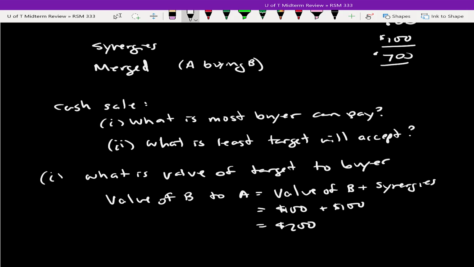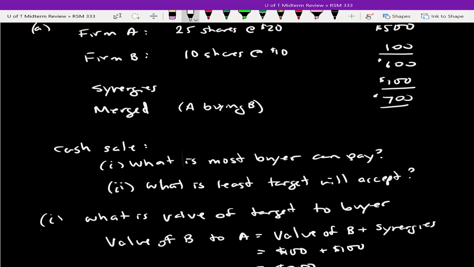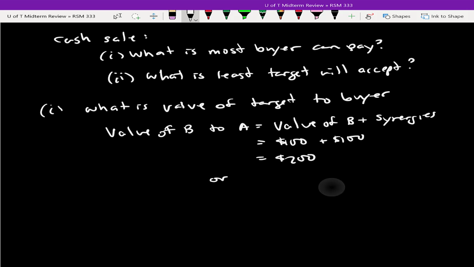If you want to convert it to shares, how many shares are outstanding? B has 10 shares, so it'll be $20 a share. They're currently trading at 10, and they'll be willing to go up to 20.